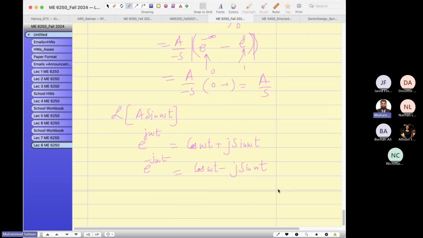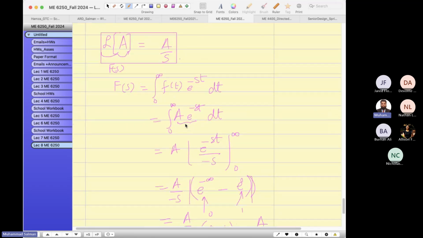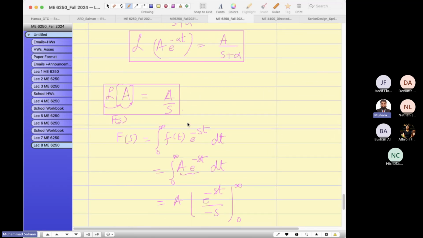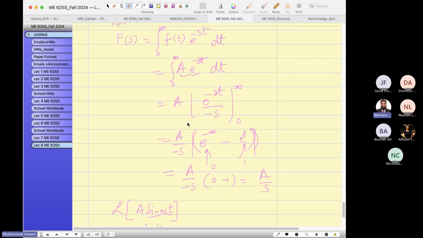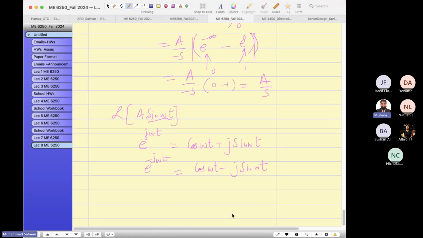Why am I showing you this? Because it is very convenient for me to convert it into the exponent function. When you have f of t in terms of exponent functions like e to the j omega t, you can do the integration easily rather than using sine omega t. So how would you eliminate cosine from here?